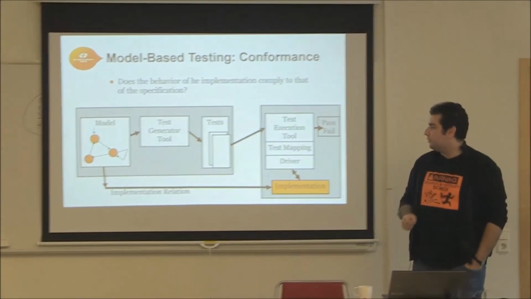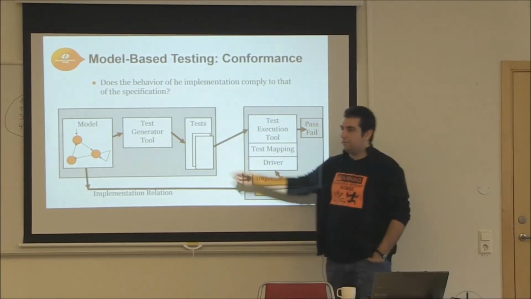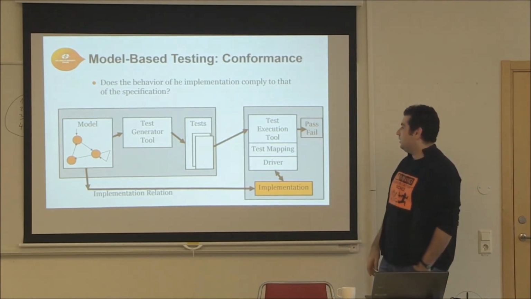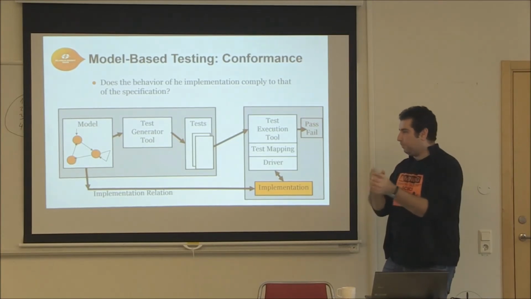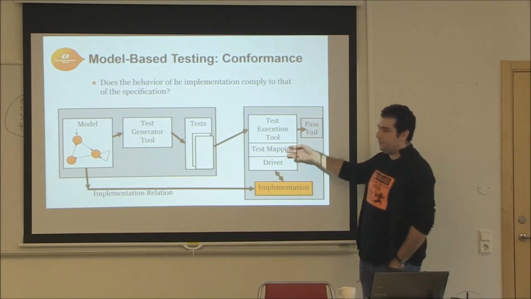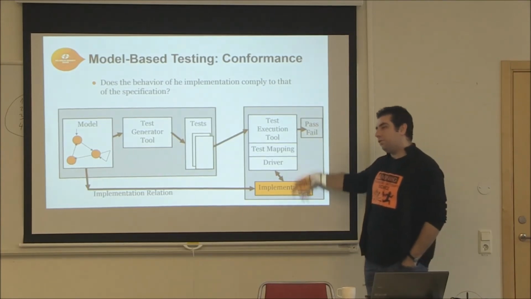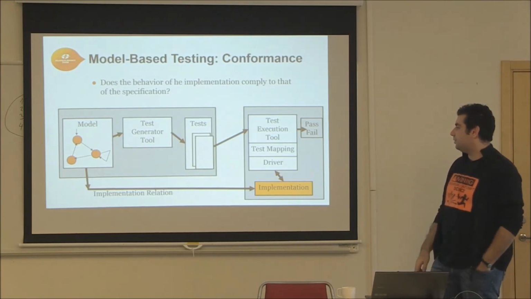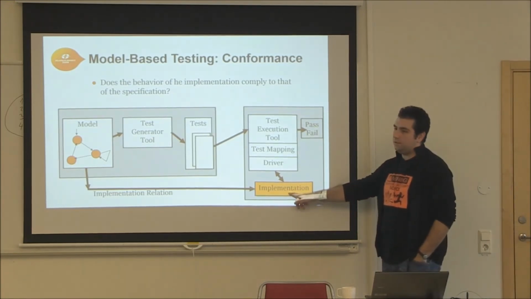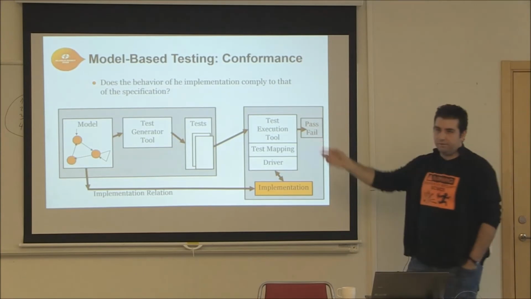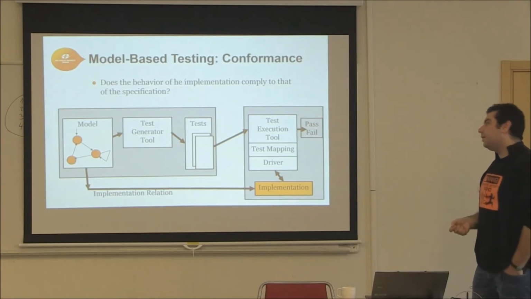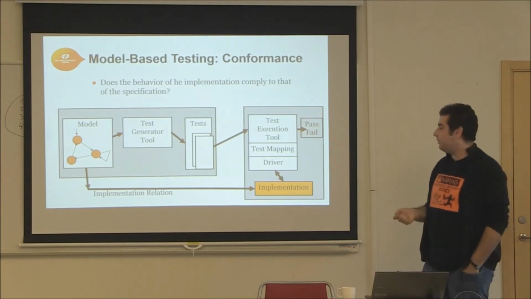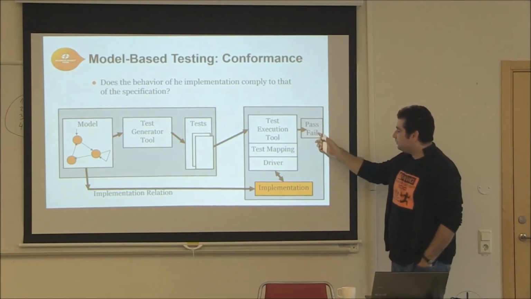So you generate these tests that cannot be executed, but then you have a test execution tool that takes that test and puts a lot of glue code and a mapping in order to have a driver to the implementation, so you can hook into the software. And based on running this on the implementation, you have a pass or fail verdict, or you can also have an inconclusive verdict where you don't know if it's pass or fail, but mainly it's pass or fail.